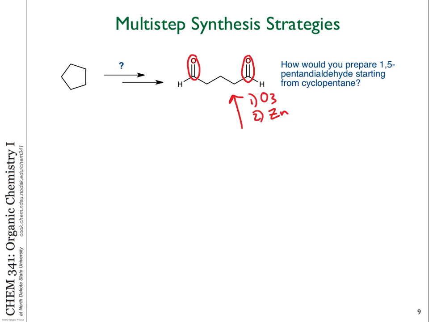Two CO double bonds. If this reaction, O3, breaks apart a CC double bond to make a CO double bond on either end, well, where was that double bond to begin with? Connecting this carbon and this carbon.